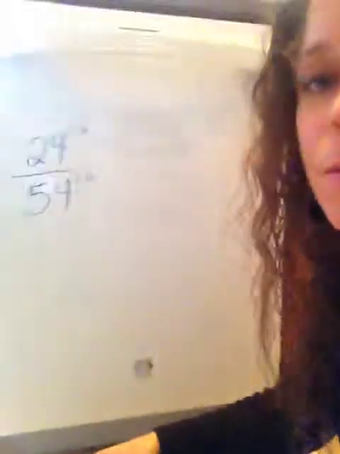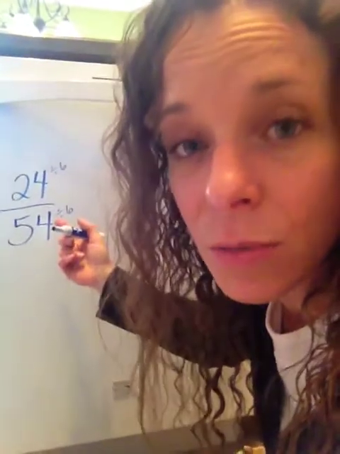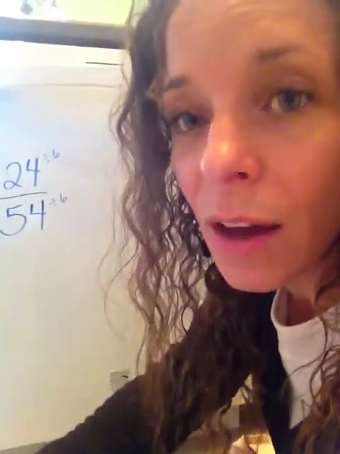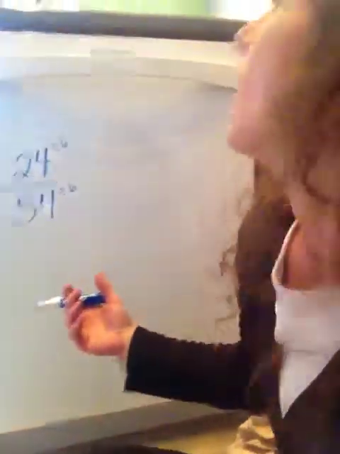You want to pick the highest number that you can think of. So if you look at it and you knew that 2 went into both of them, but you also thought of 6 as well, then you should go with 6, because you want to go with the higher number, because then you'll skip a step basically. It'll just chisel it down faster the higher number that you divide out.